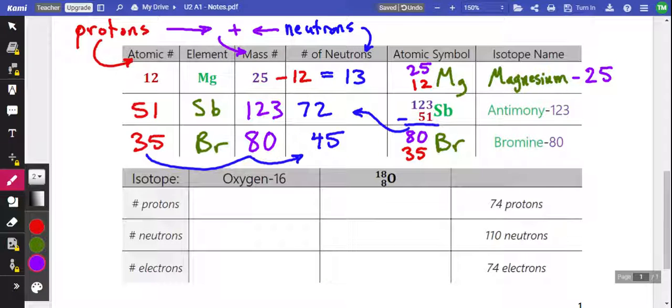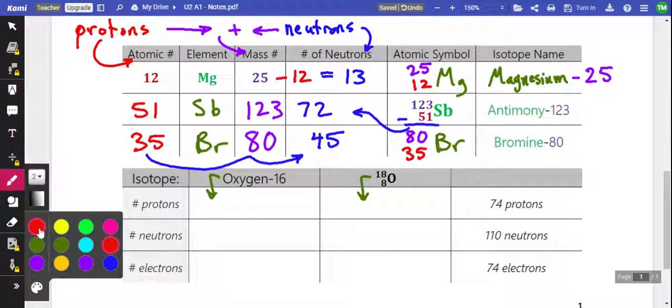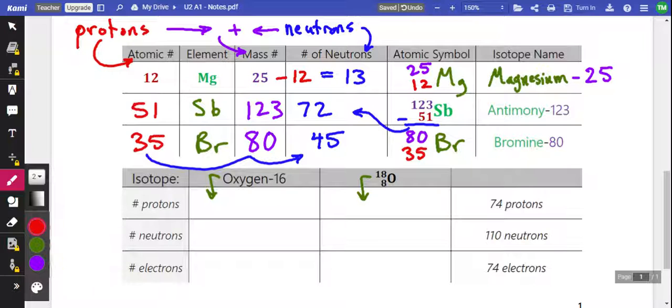Okay, so on your assignment, you're going to have something like this down here, where you'll be given an isotope, and you've got to find out the number of protons, neutrons, and electrons for each one. So for instance, this oxygen-16 should have 8 protons. We go and find oxygen on the periodic table. It's got a big old number 8 in the top middle or the top left of its block.